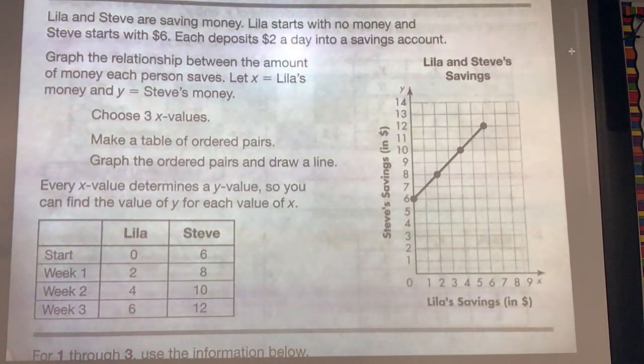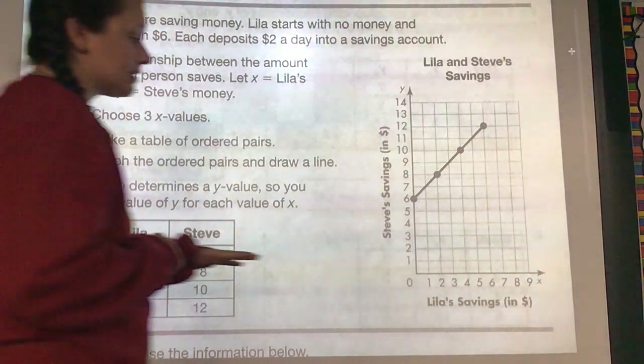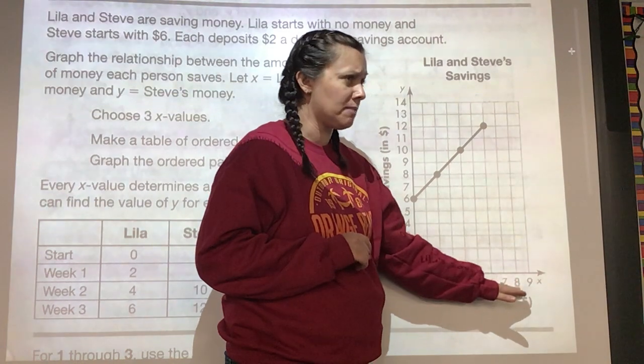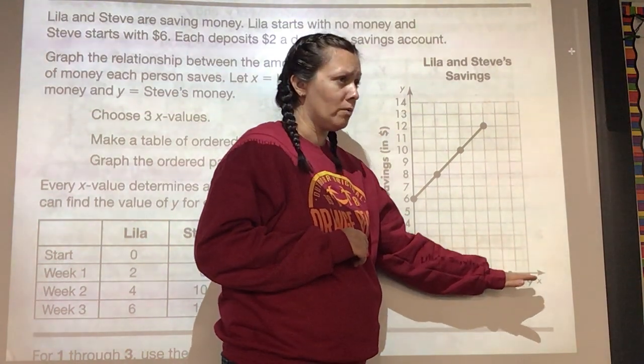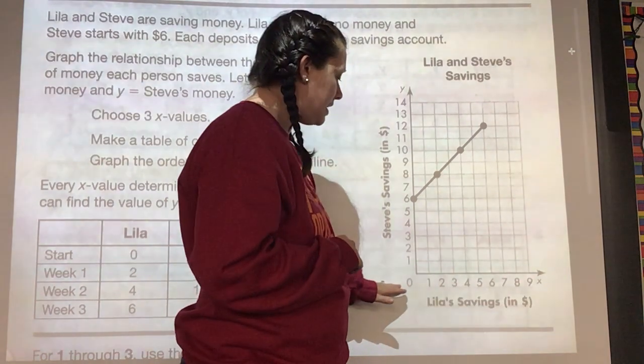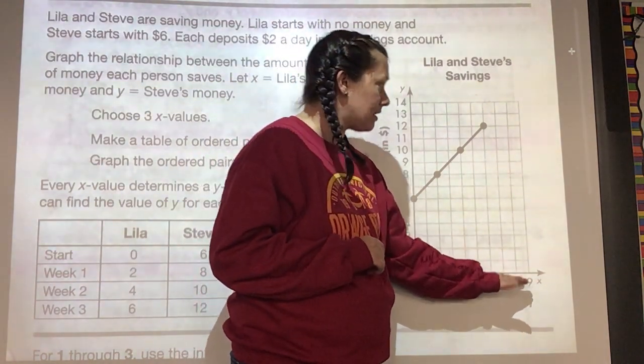They are going to graph the relationship between the amount of money that each person saves. We're going to have x be Lila's money, and we know that our x-axis is down here, and we talked about those words horizontal and vertical. Which direction is this? Horizontal. So we have Lila's money going horizontally on x.